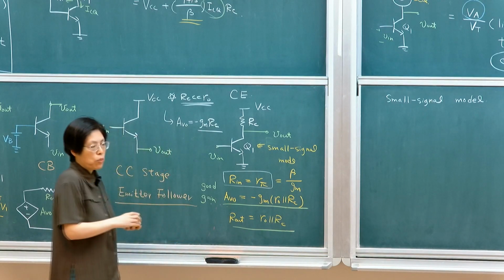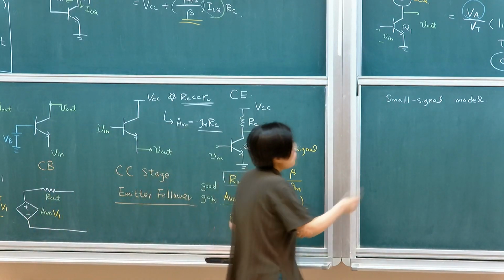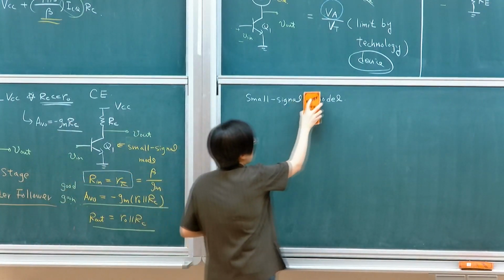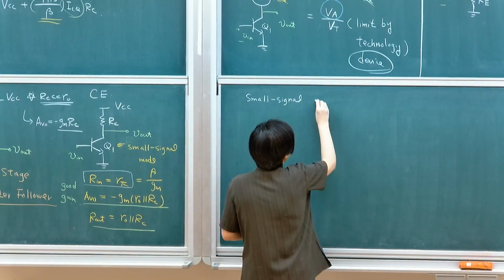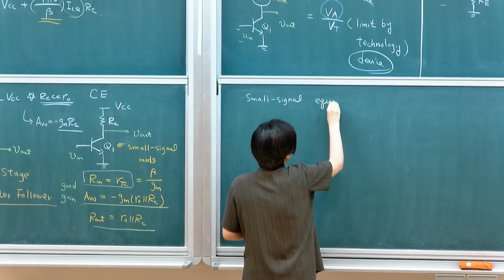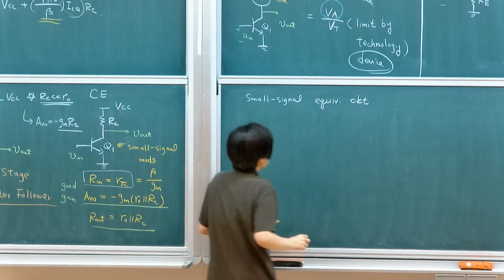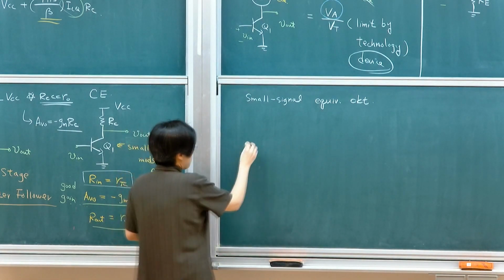So let me start with the small signal model, or I should say, the small signal equivalent circuit. Let's first draw the equivalent circuit of the common emitter with degeneration stage.